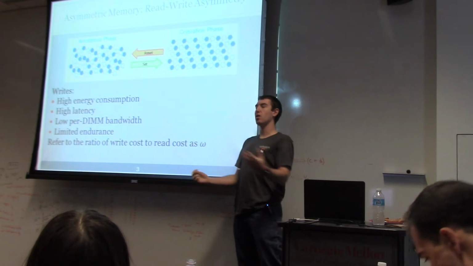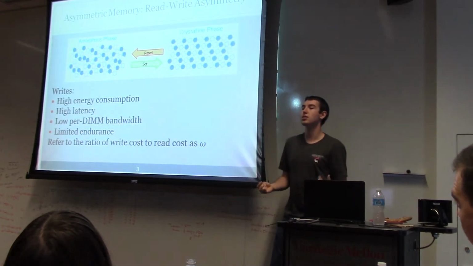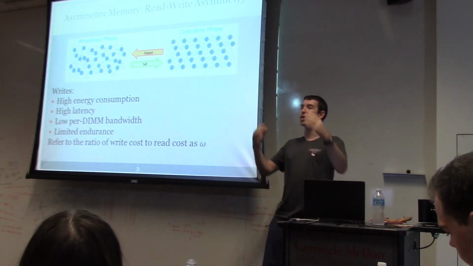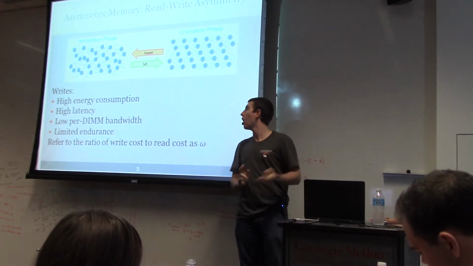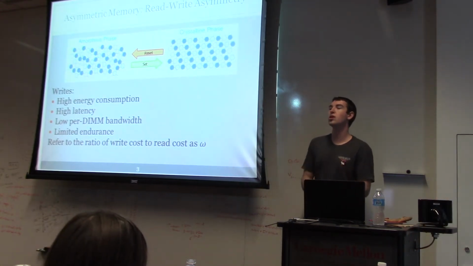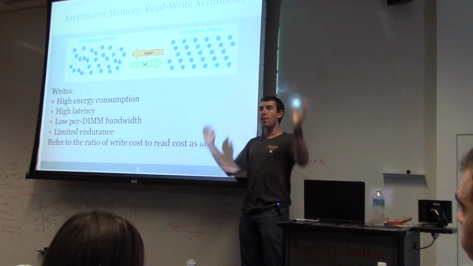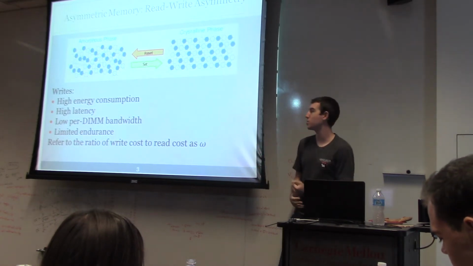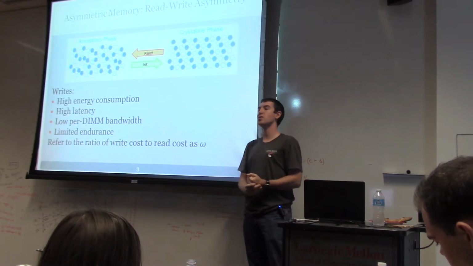If it's in the other state, it's got a low resistance, so you read a high amount of current. But to write data, you need to actually change the state. So you put a lot of power into it, heat it up, and then let it cool down either really quickly, which I believe gives you the amorphous phase, or slightly more slowly and controlled, which gives you the crystalline phase. That part of the talk isn't particularly important, but hopefully you found it a cool explanation. The important part is the difference in read costs and write costs.